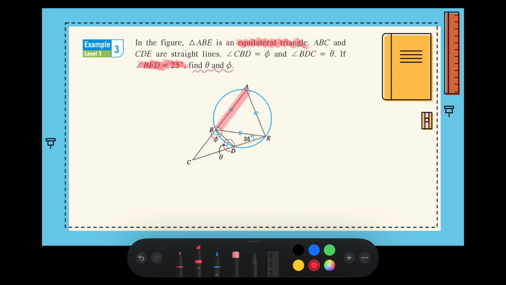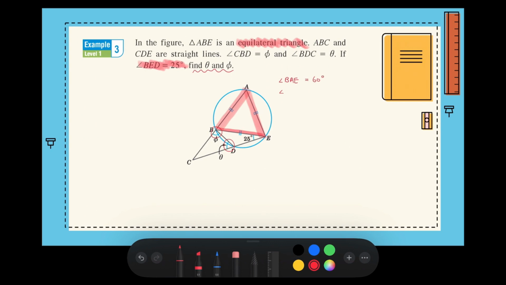It's an equilateral triangle, and what do we know about it? All the lengths are equal, all the angles are equal, and we know the angles exactly as well. So angle BAE, angle ABD and angle AEB are all 60 degrees.